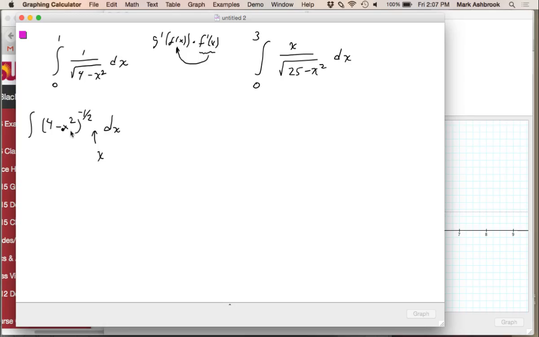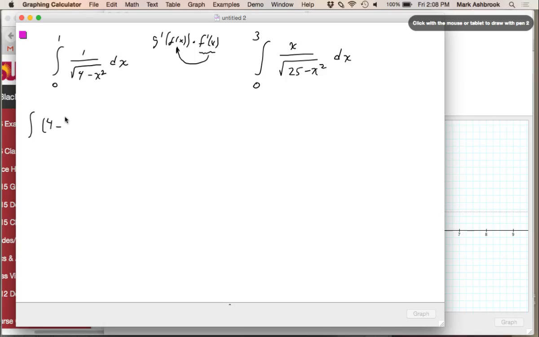Here's the interior function. What's its derivative? Negative 2x, which is essentially just a linear term, x to the first. We don't have that x to the first, so it does not match this form, but if there was an x there, it would. So that's like this problem. Do you see this? This does match undoing the chain rule because we have this x, which is essentially the derivative of that interior function. So this one, yes, undoing the chain rule. This one, no, it's not.